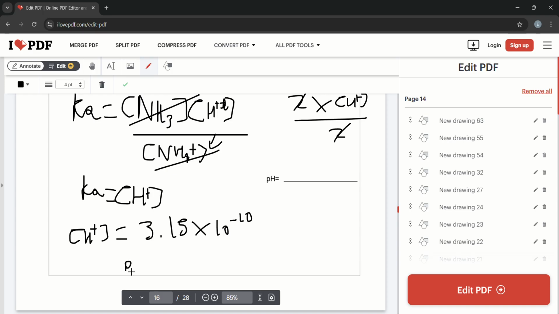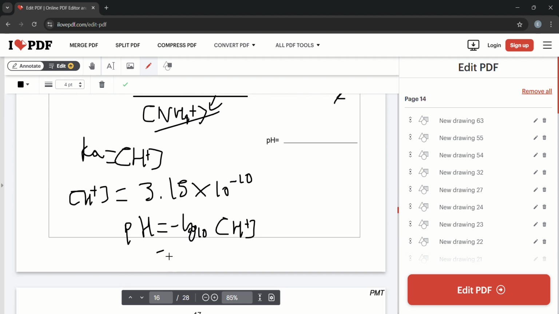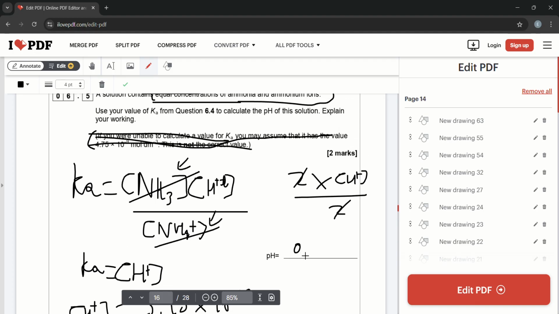And to find the pH, pH is equal to minus log 10 of H plus. Therefore, it's minus log 10 of 3.15 times 10 to the power of minus 10, and I get 9.50.